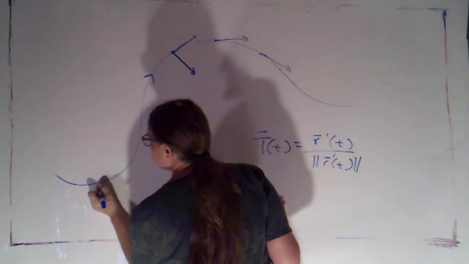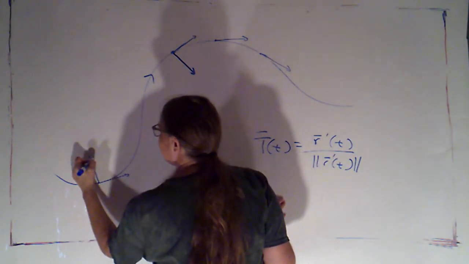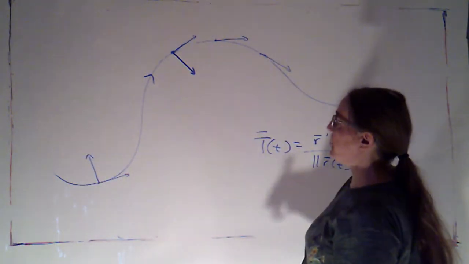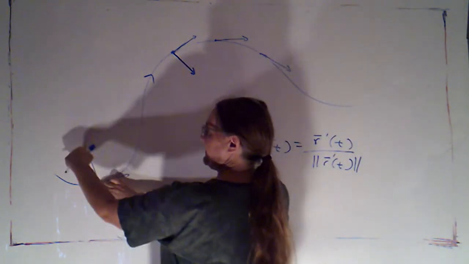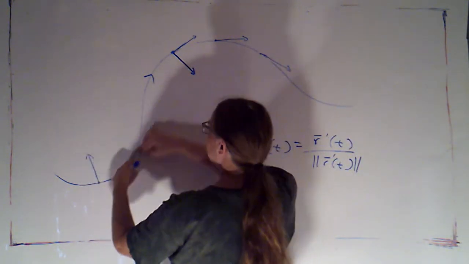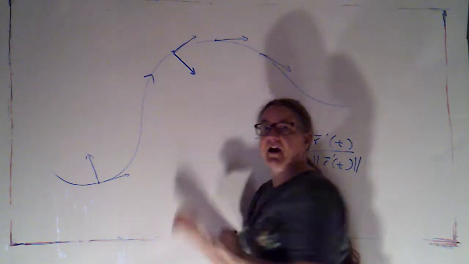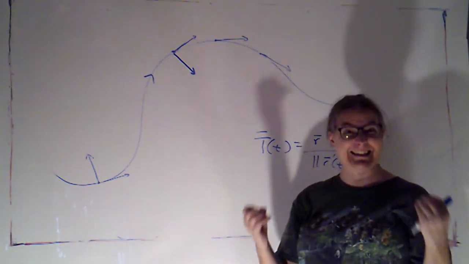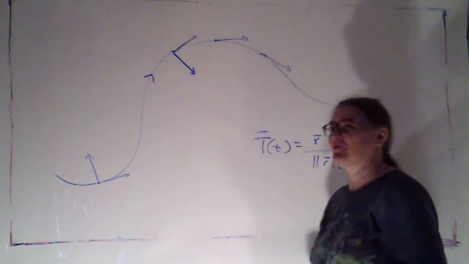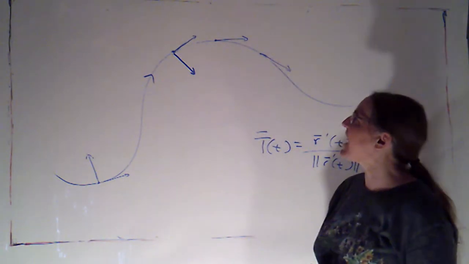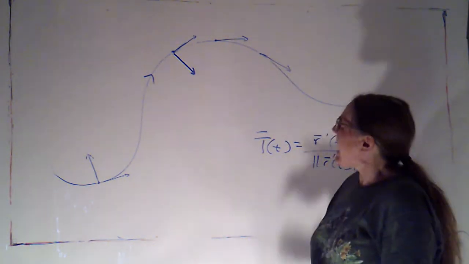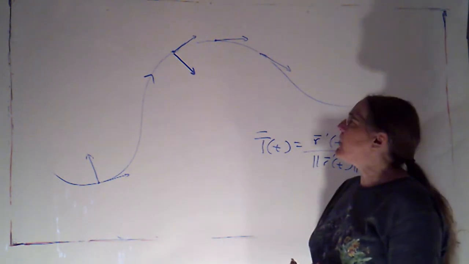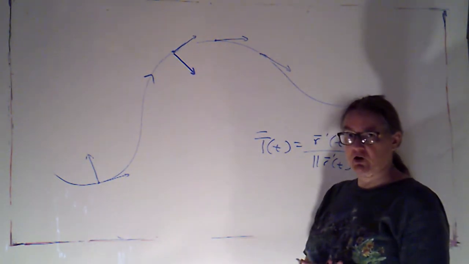Over here, my normal vector would be pointing in like so. So over here, it's on this side of the curve. Over here, it's on the other side of the curve. There would have to be some point in there where the unit normal vector didn't exist so that it could sort of change sides of the curve. But how do we do that? So I want to try to find a vector.